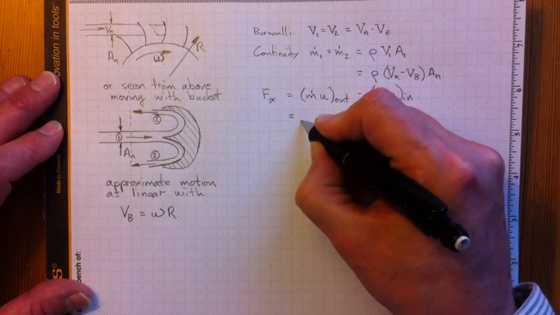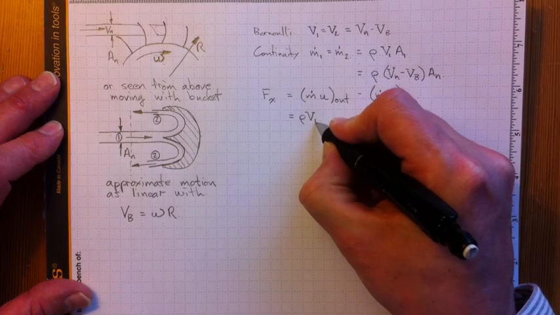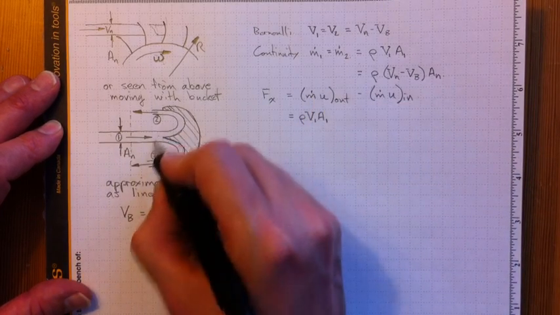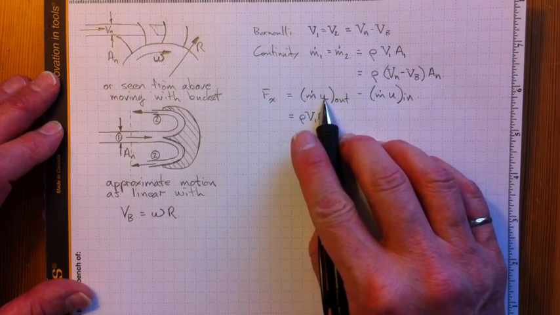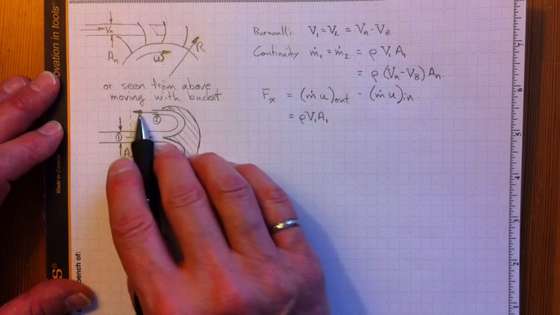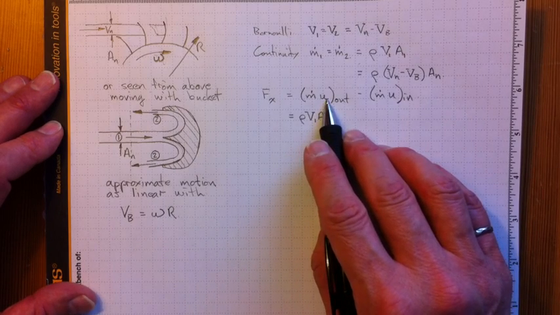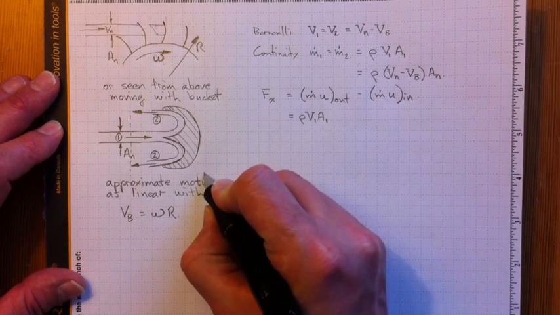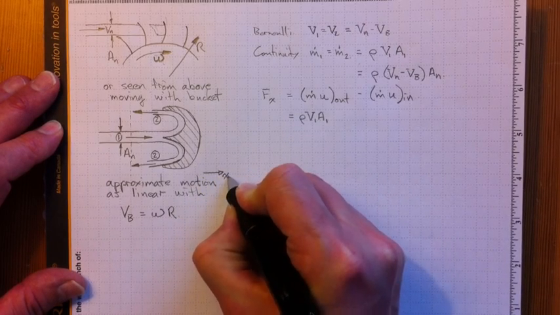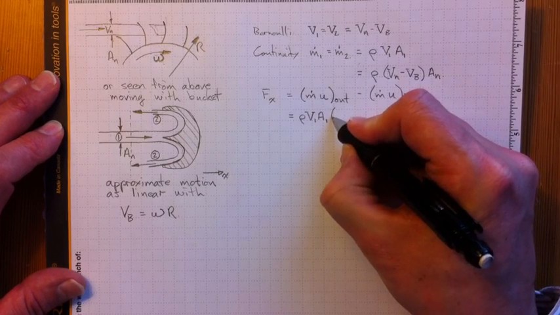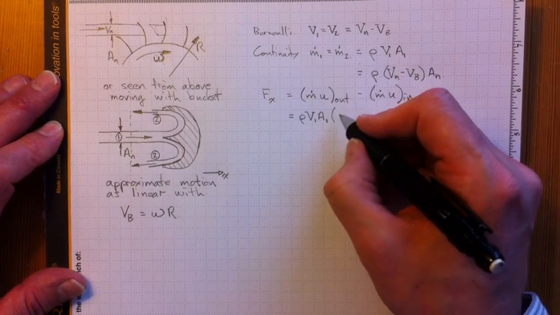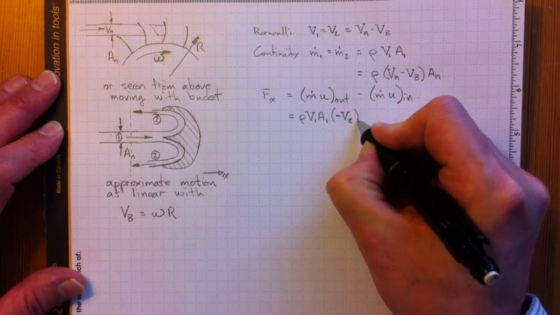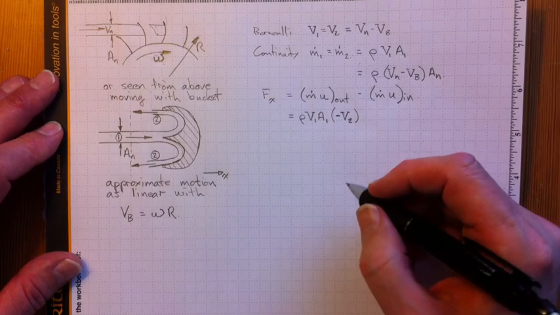Now that'll be rho V1 A1, that's the m dot coming in here at location 1, times, and it's the same as the mass flow going out at location 2, times the velocity in the x direction of the flow going out. So if this is the positive x direction, as usual, going from left to right, then this x velocity will be negative V2, the magnitude of the velocity going out here, the absolute velocity.